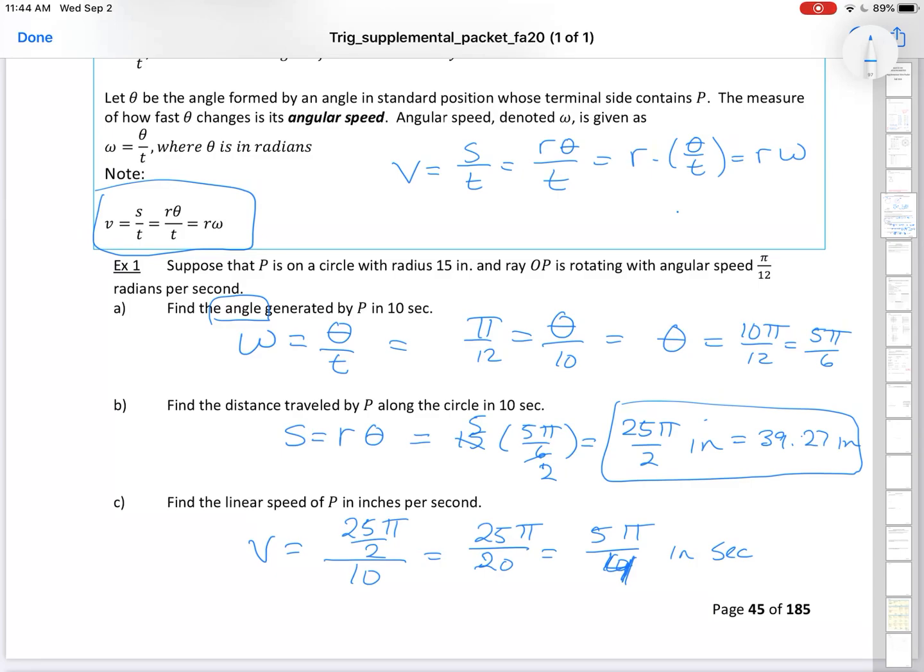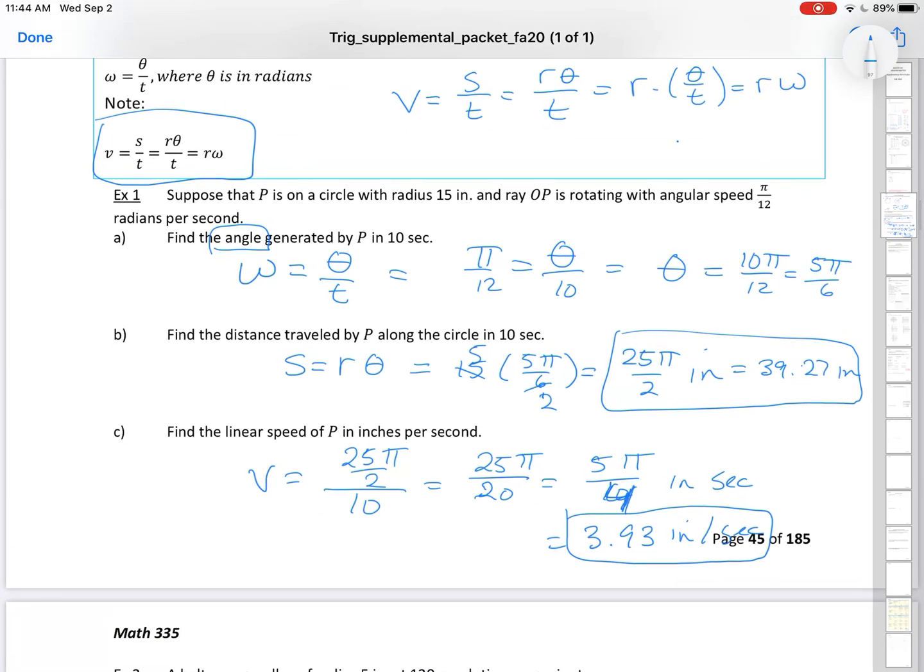Let me just take the 5 times pi, making sure I did that simplification right. Yeah, so 5 pi over 4 inches per second, which works out to be 3.93 inches per second. That's the speed of that.